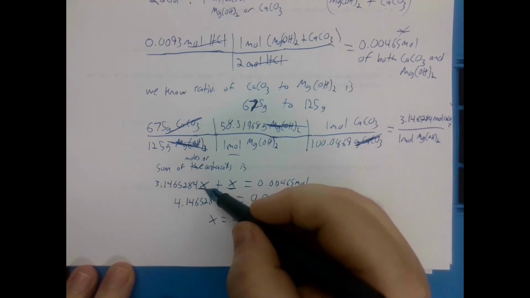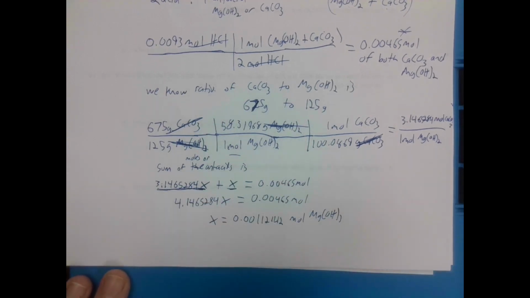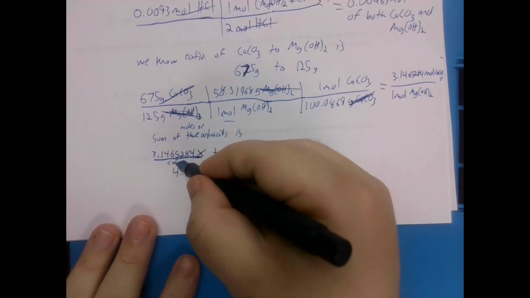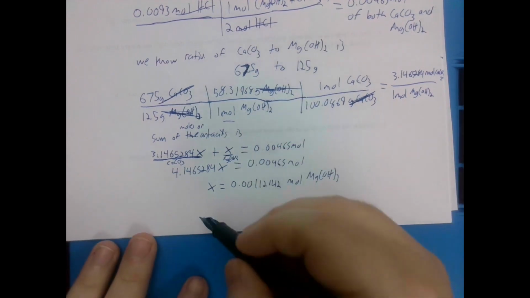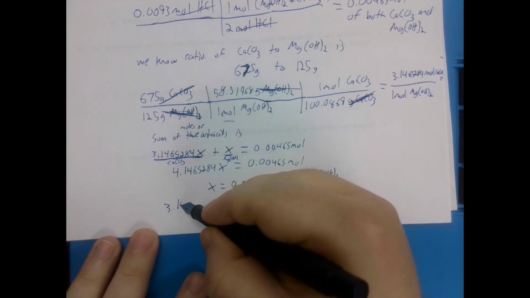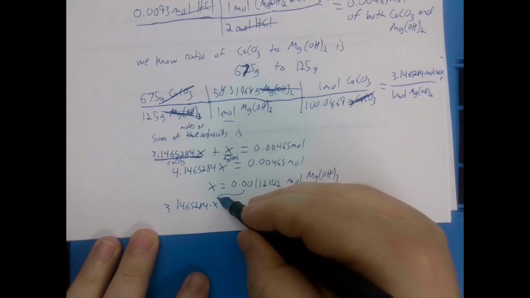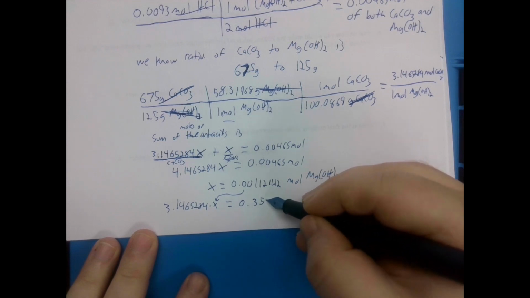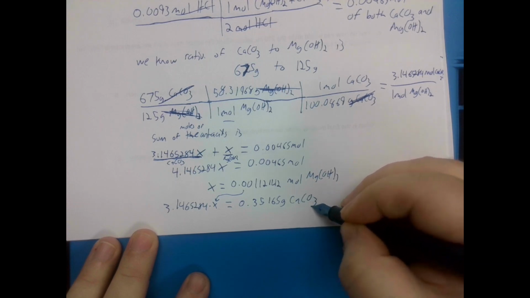My X right here, this would be my total amount of calcium carbonate. So this is my calcium carbonate, this is my magnesium hydroxide. So if I multiply my X by 3.1465284, I would get that I have 0.003528858 mole of calcium carbonate.